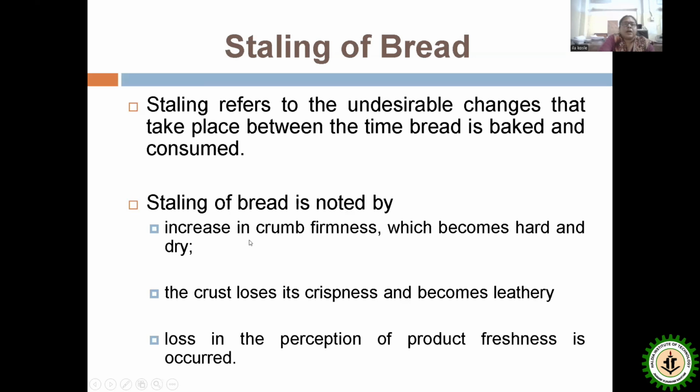The outer layer of bread is known as the crust. It should be crispy and slightly dry and hard, but due to retrogradation, it gradually becomes soft and leathery. On the other hand, the crumb should be soft, but due to retrogradation, the crumb becomes hard and dry. And also, there is a loss in the perception of product freshness and a loss of quality.